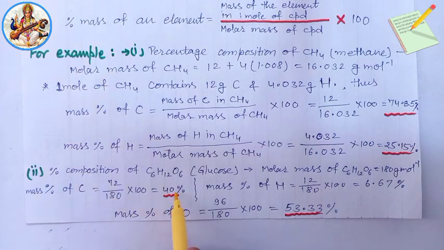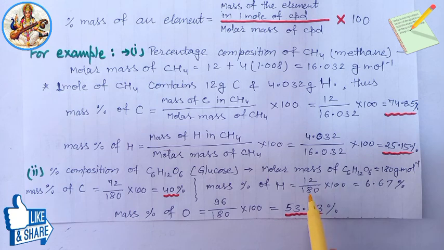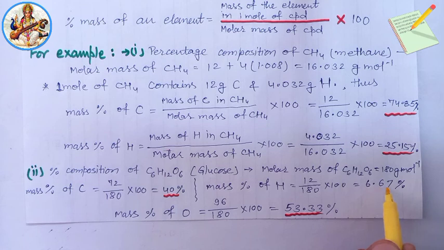The resultant value is 40%. Similarly, for hydrogen, mass percent of hydrogen is equal to 12 into 100 divided by 180. The resultant value is 6.67%. And similarly for oxygen, mass percent of oxygen is equal to mass of oxygen in 1 mole of glucose into 100 divided by molar mass of glucose.